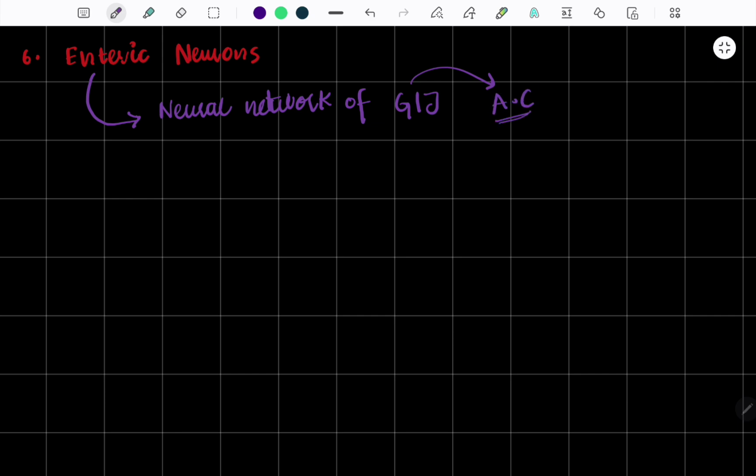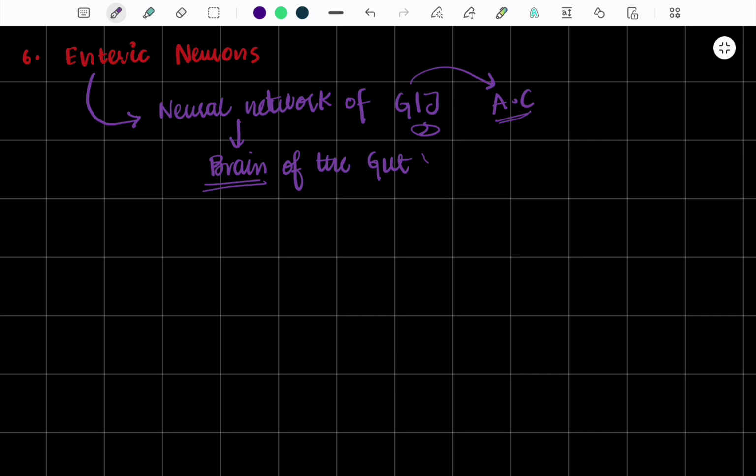So this neural network is also known as the brain of the gut, because obviously the main function of our gut system is contraction, because we all know that the acid needs to be mixed properly with the food for the process of churning and then for the production of chyme. So obviously the neural network plays a significant role in the GIT. That's why it is also known as the brain of the gut.